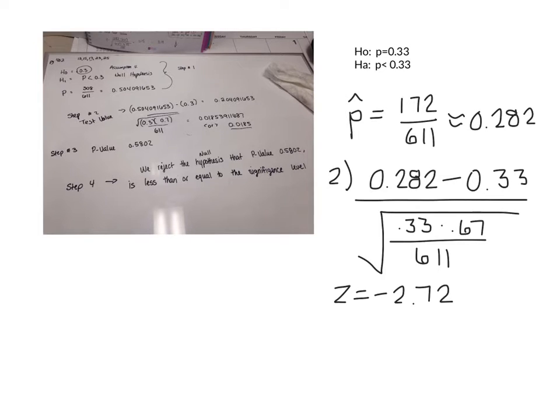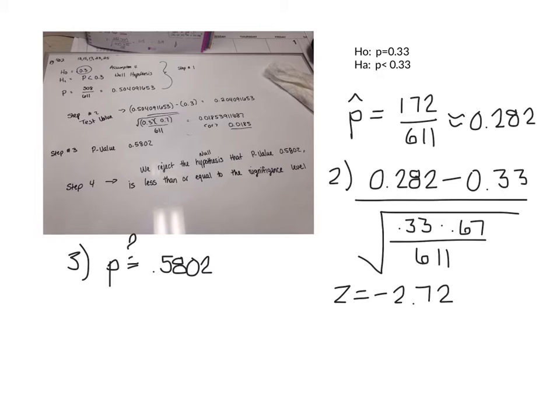Now, with regards to your step 3, I'm not quite sure where you got a p-value of 0.5802. So you're going to have to use StatCrunch.